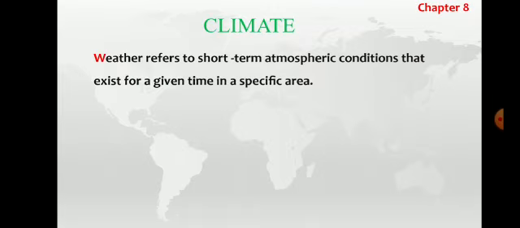For example, when you come to school, early morning there will be a pleasant day. After coming to school, after 2-3 hours, you can see heavy rainfall coming, isn't it? So, that is a change in the weather.